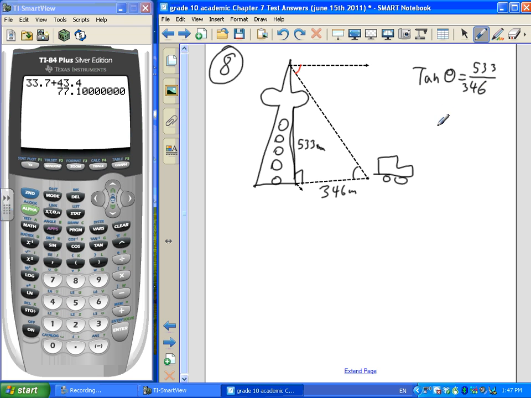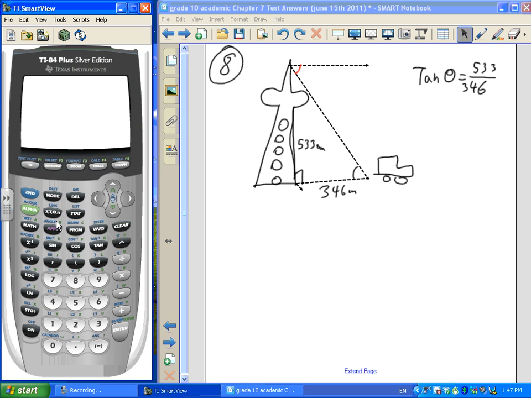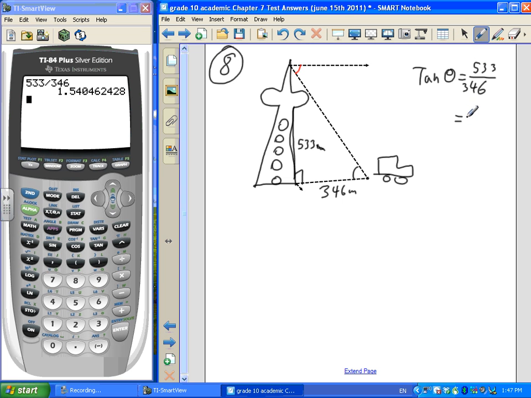So we're going to divide those two numbers in our calculator. We divided it, we get 1.54. So tan theta is equal to 1.54.